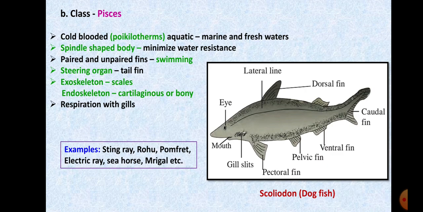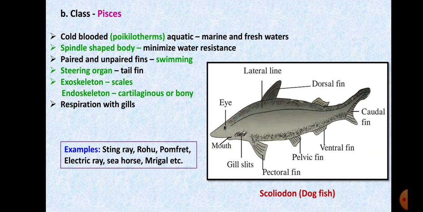Either you will find them in marine waters or in the fresh waters. Yes, their body is spindle shaped. Now, what is spindle shape? The posterior and the anterior region are tapering, whereas the center of the body is broad as compared to the anterior and the posterior part. Yes or no? So that is called as spindle shaped body.